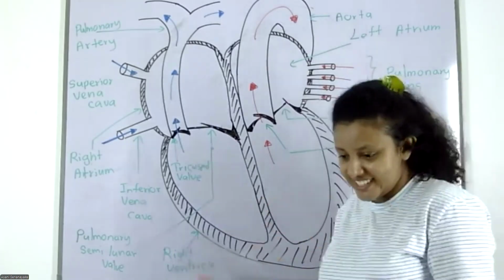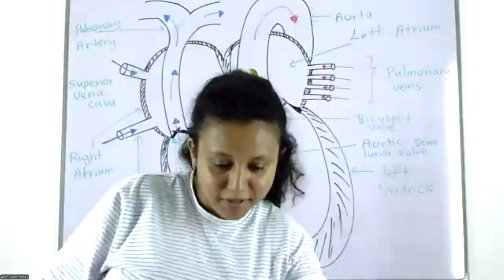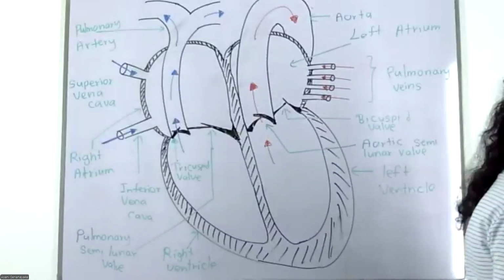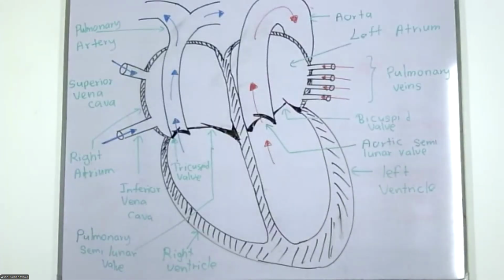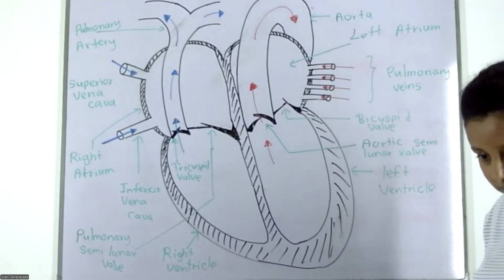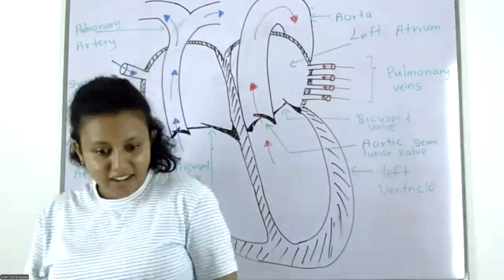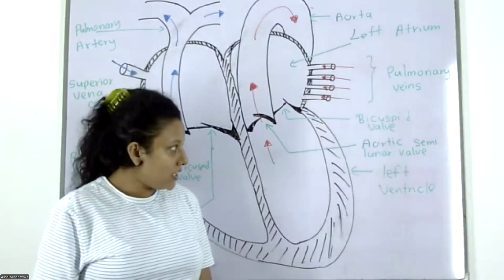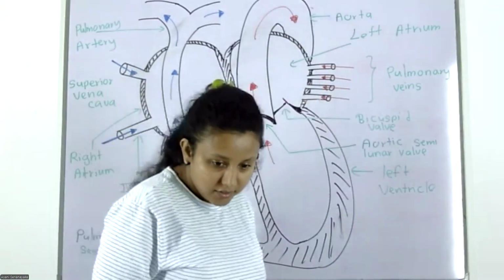We will discuss this in detail, but first we need to draw this one clearly. Any problem in drawing and labeling? Can you see the things clearly, right?